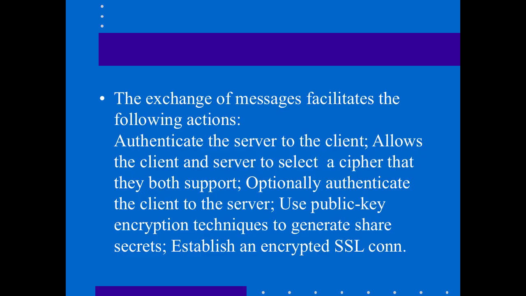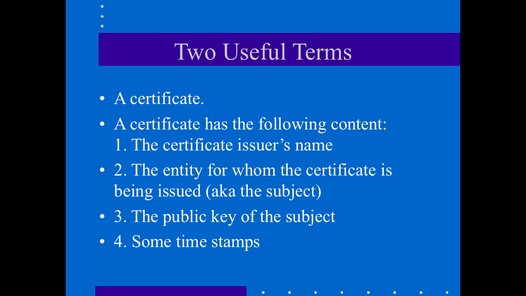First, we authenticate the server to the client. Then we select a cipher that's mutually agreed upon that both support. Sometimes RSA is used, sometimes DES, sometimes triple encryption. We authenticate the client to the server using a public key encryption technique, which allows you to generate a message digest off a certificate. And then we establish an encrypted SSL connection.